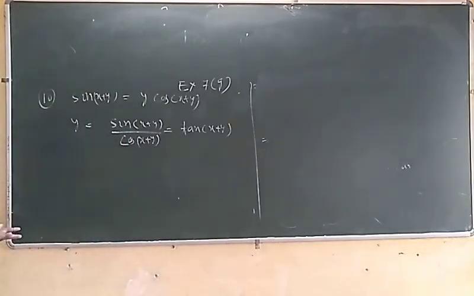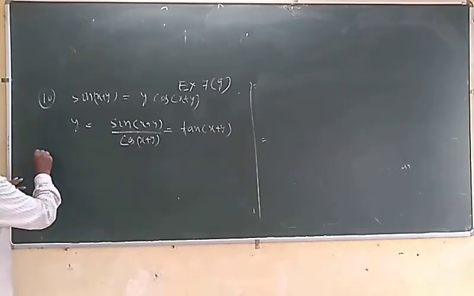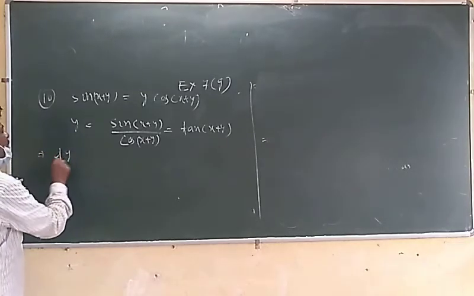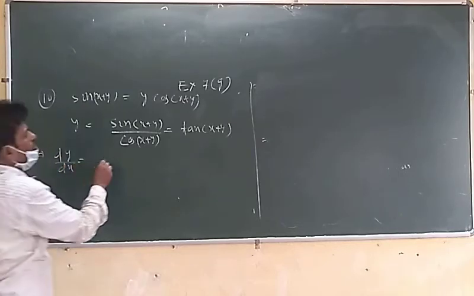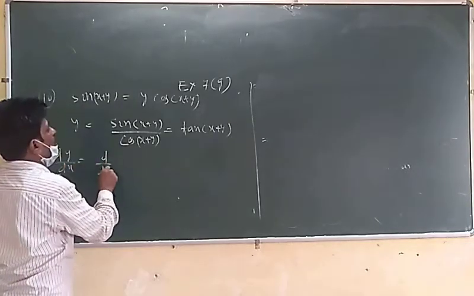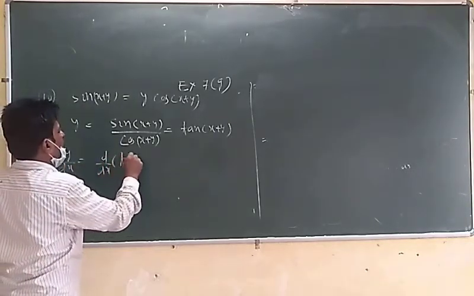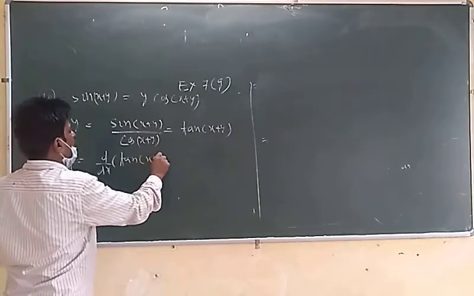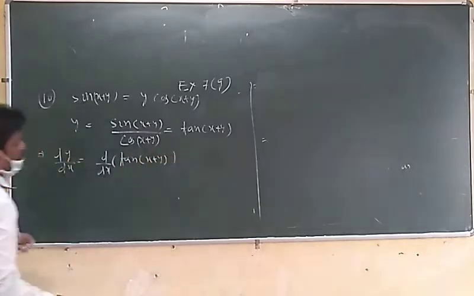No doubt it is an implicit function. Using step 1, we take d/dx on both sides: dy/dx = d/dx of tan(x + y).